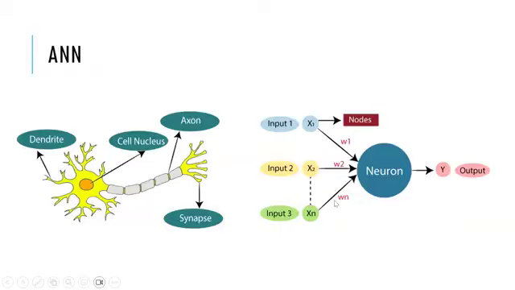Now, this ANN can be as simple as having only one single node in the hidden layer where the entire processing is happening. Okay, it will consider all the input signals, and this one single node will process. And it could be as complex as having multiple hidden layers with multiple hidden nodes.